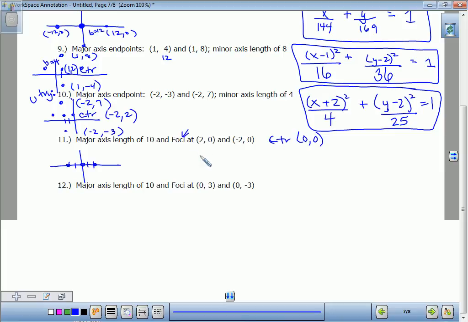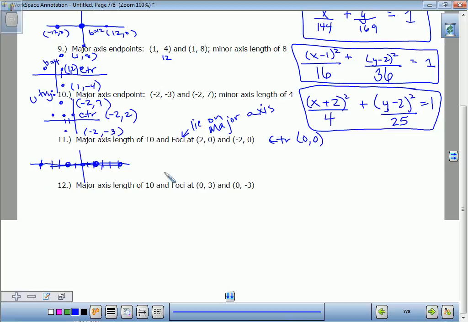Now, the thing we have to remember, the foci always lie on the major axis. They always lie on the major axis. So if the major axis has a length of 10, we know we come out here 5 and we go out here 5 to get those endpoints, because it has to be on the same axis as the foci.